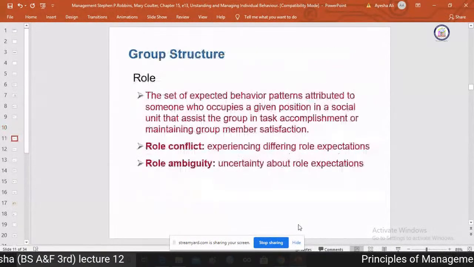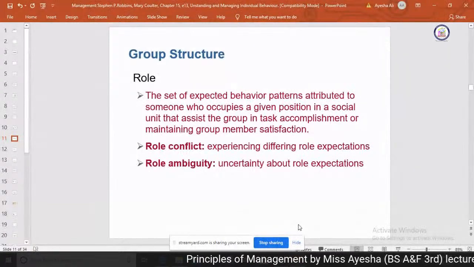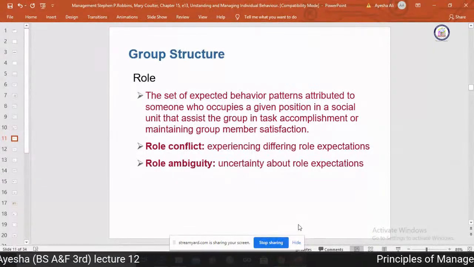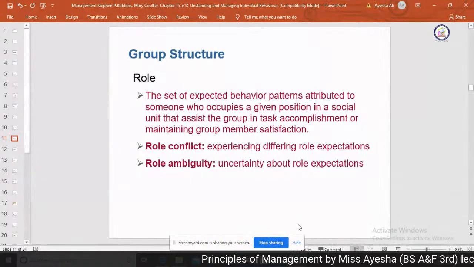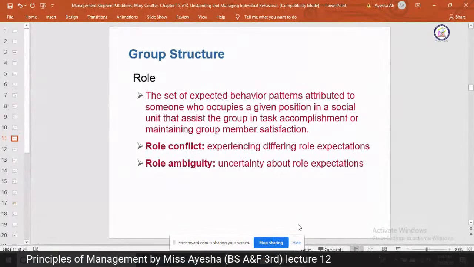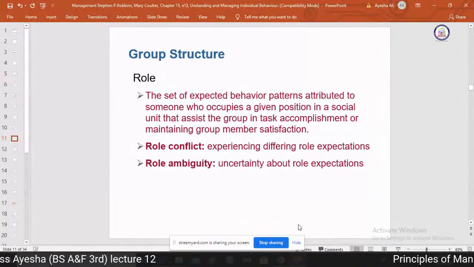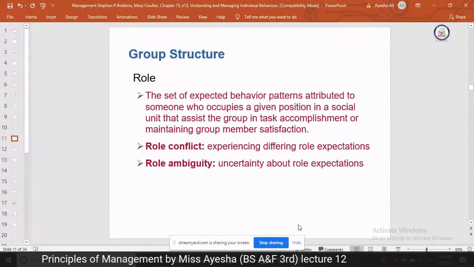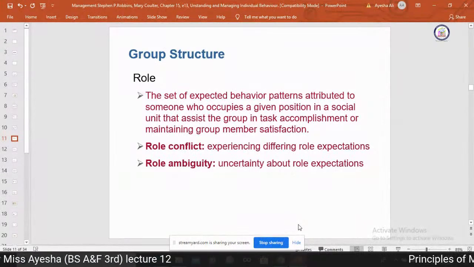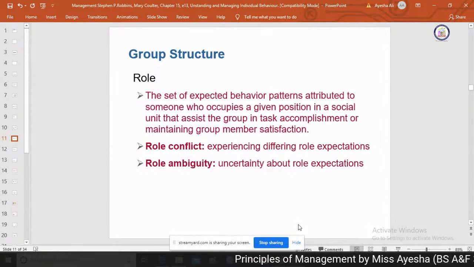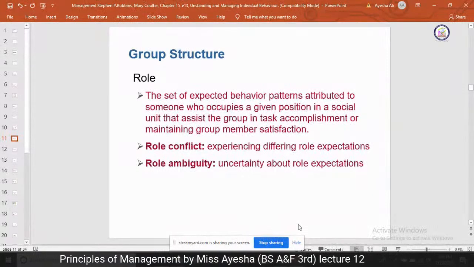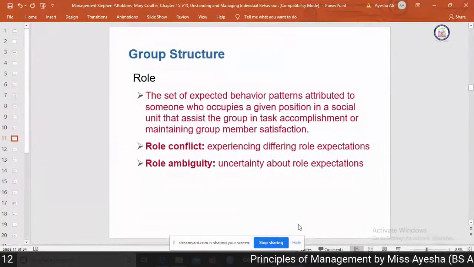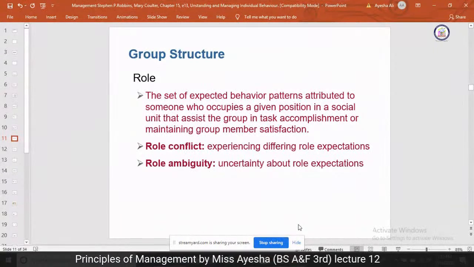And then we have the group structure, in which we have roles. Roles are basically the expected behavior patterns attributed to someone who occupies a given position in a social unit. So if anyone is assigned some position, they have to behave in a certain way. For example, if someone is a student, he or she has to prepare for tests and prepare for the exam. If someone is a teacher, he or she has the capability to explain thoughts, ideas and concepts to students, and has to satisfy their students and answer their queries.